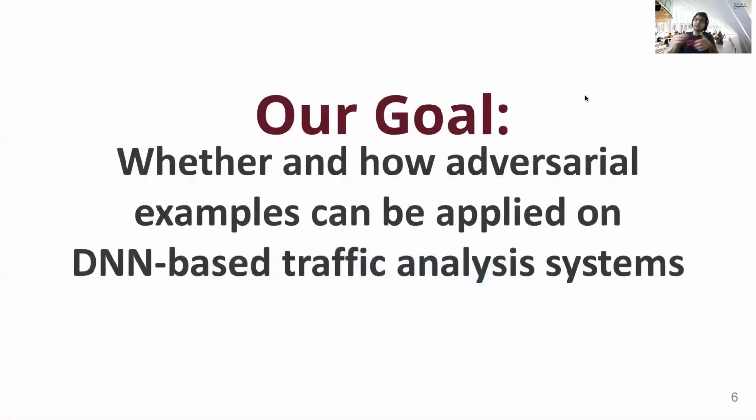Our goal in this work is to understand if similar adversarial examples can be applied in traffic analysis systems. Can we use those approaches, or how should we use such attacks on traffic analysis systems?